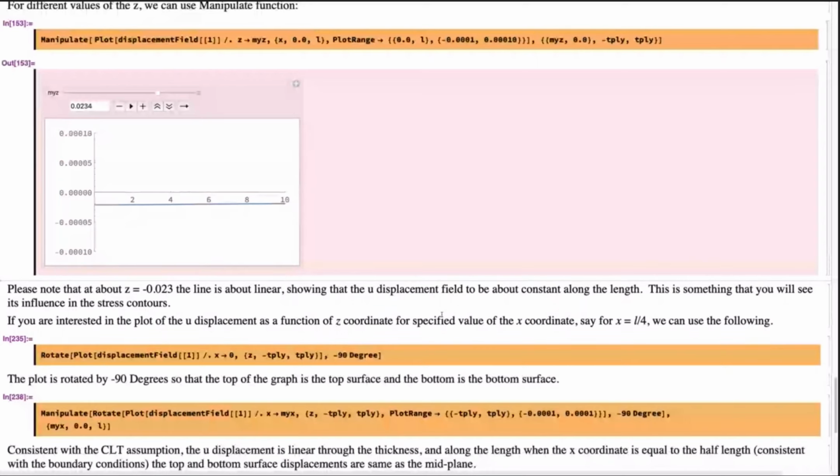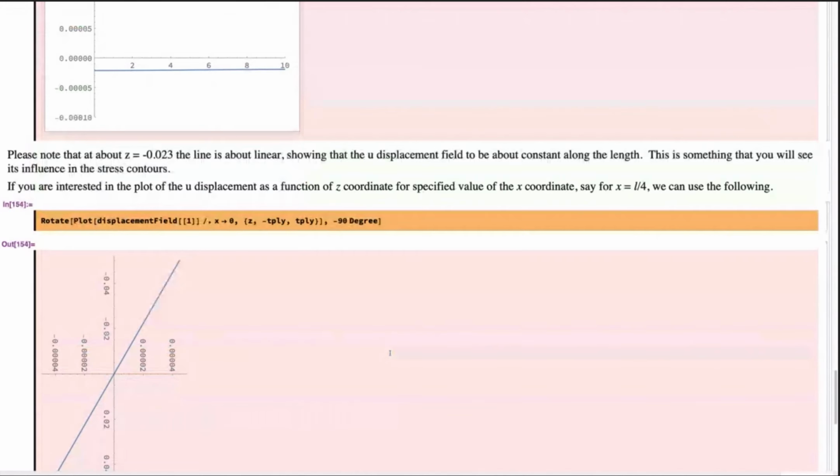And that's what it says here. Now I'm going to do one more thing, because my z coordinates are typically... I'm going to rotate this plot a little bit.